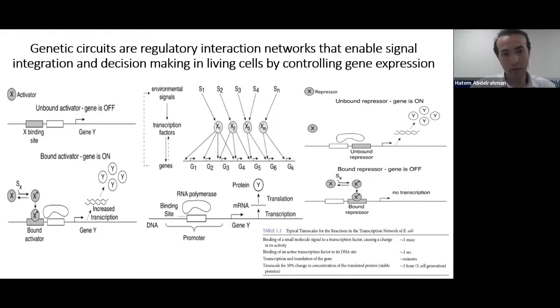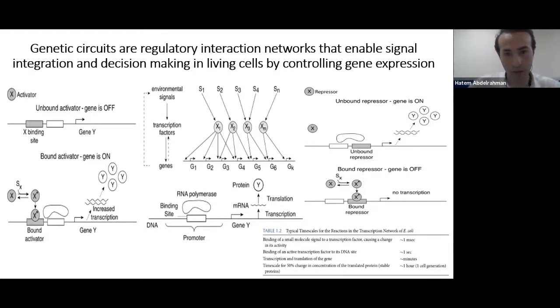These kinds of interactions we call regulatory interactions, we call genetic circuits, because these transcription factors can also activate other transcription factors and initiate other kinds of gene expression. In this case, genetic circuits can control the sensing and response behavior of the cell.